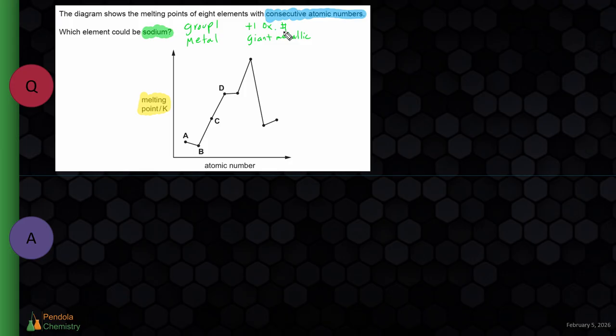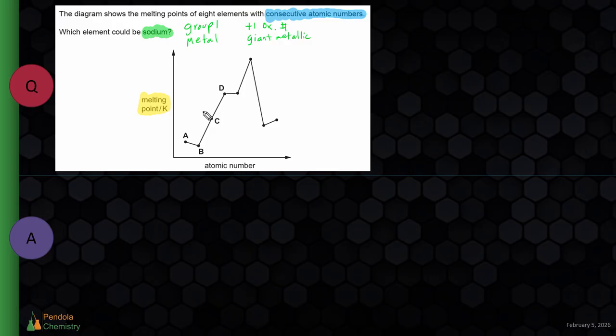So, looking at this, they're giving us 4 choices, and you might not have noticed this, but if we look at this chart, there's an A, B, C, and D on the chart itself. And so our options, these are essentially our multiple choice options, A, B, C, or D. So one of these has to be sodium.